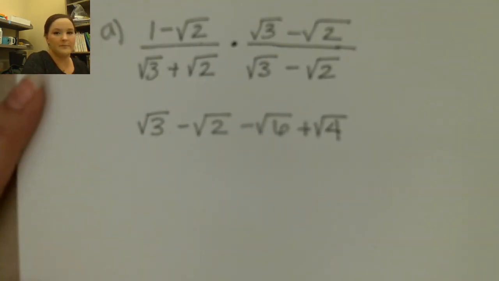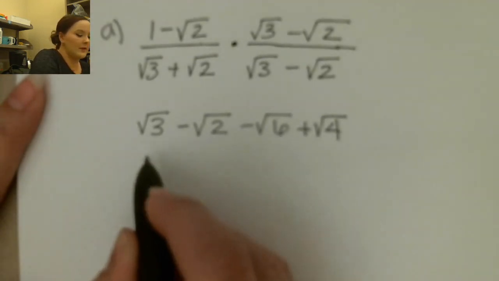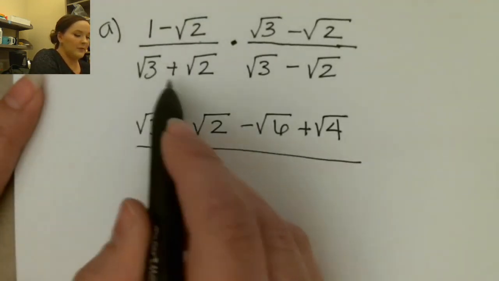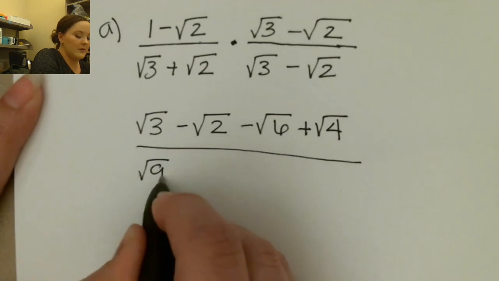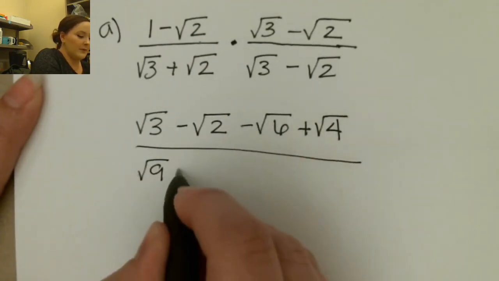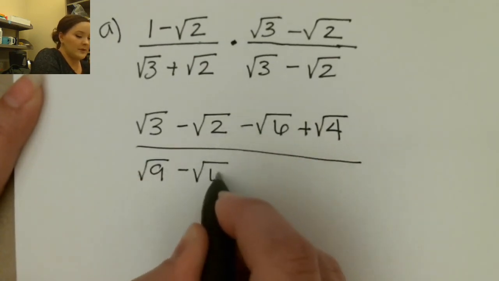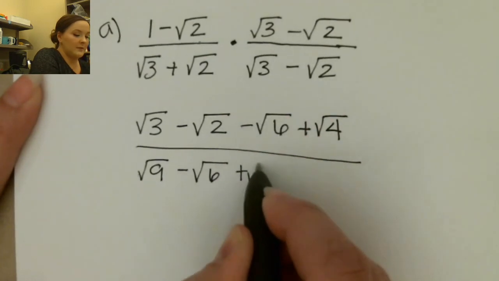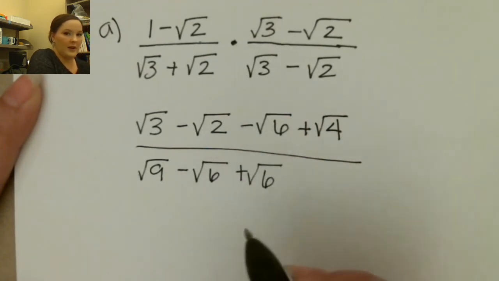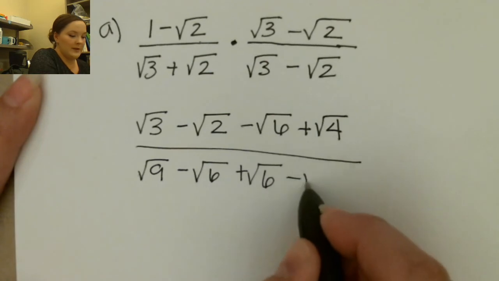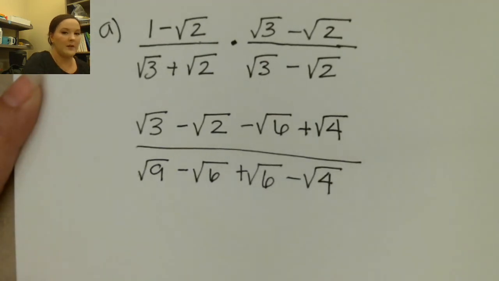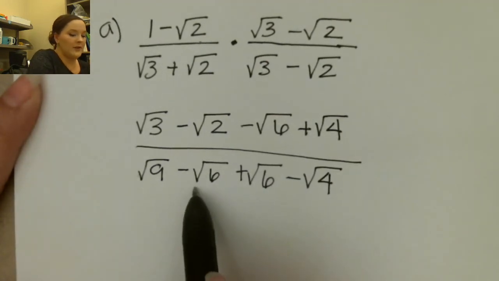In the denominator, root 3 times root 3 is root 9. Root 3 times negative root 2 is negative root 6. This is going to give me positive root 6. And then for the last term, I'll get minus root 4. Now this is the important feature of this method.